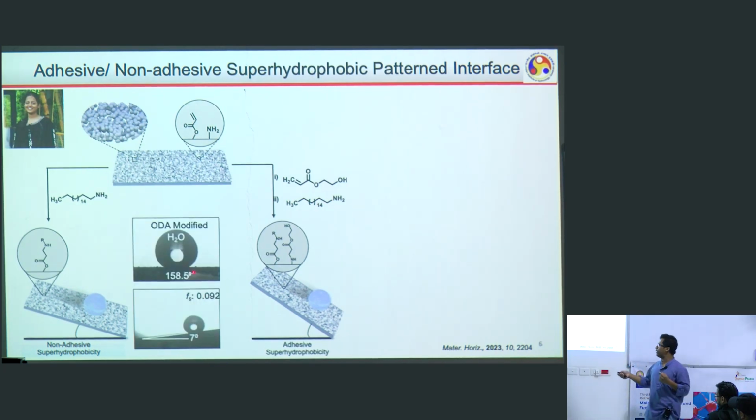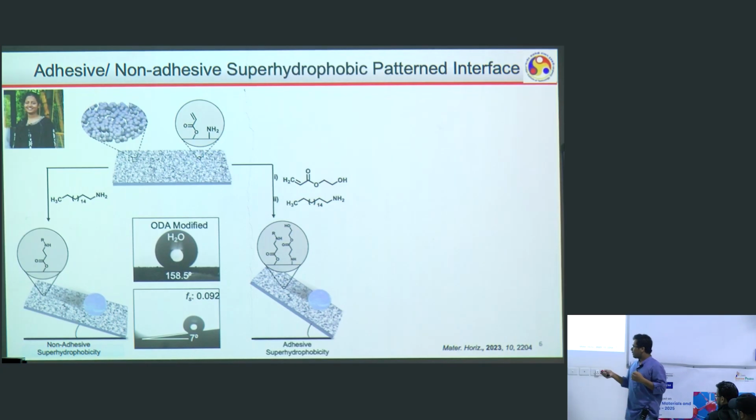As you can see here, the static contact angle is 158, and if you tilt the water droplet, even at a 7-degree tilting angle, it can easily slide off. And the fraction of contact area between solid and liquid is quite low, 0.09, right?